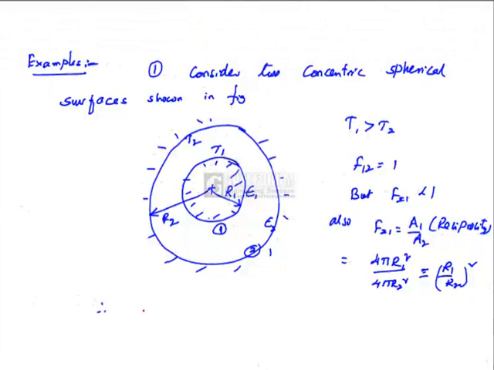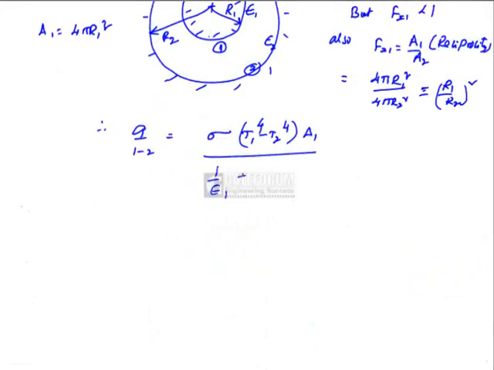Therefore, Q12 here could be written as sigma into T1 power 4 minus T2 power 4 into A1, where A1 is given by 4 pi R1 square, divided by 1 by epsilon 1 plus R1 by R2 whole square into 1 by epsilon 2 minus 1. So many watts.